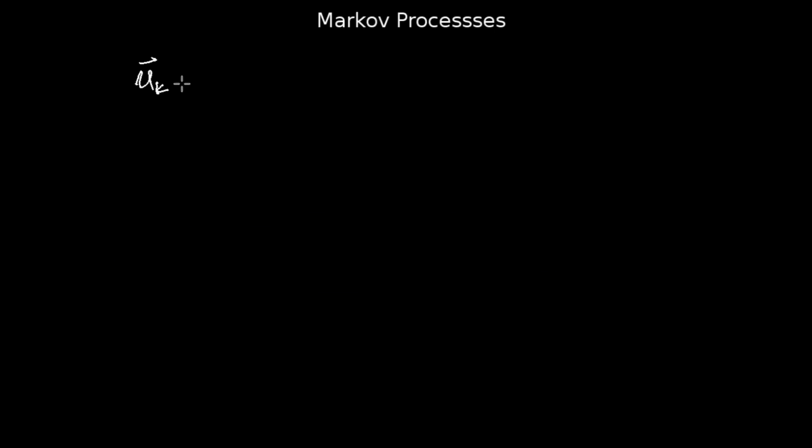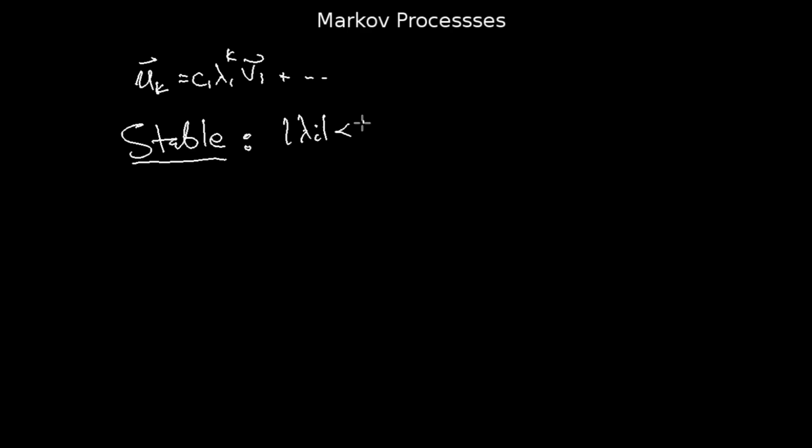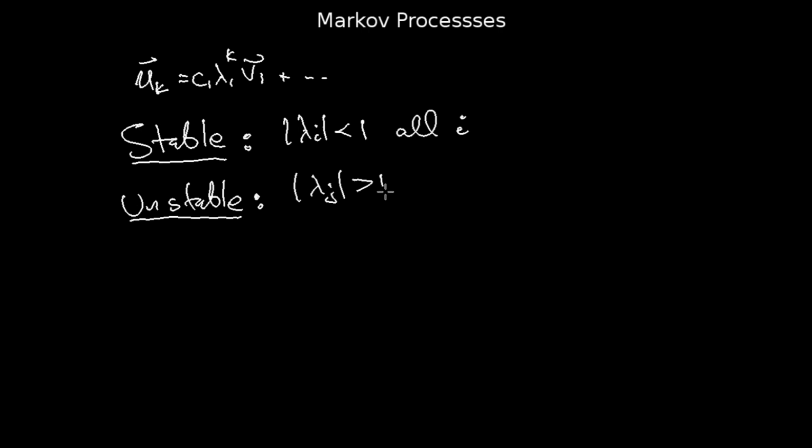So looking at this equation, c1 lambda 1 to the k v1 plus so on and so forth, we see that these vectors are stable if the absolute value of lambda i is less than 1 for all i. And we see that the behavior is unstable if some lambda j has absolute value bigger than 1.